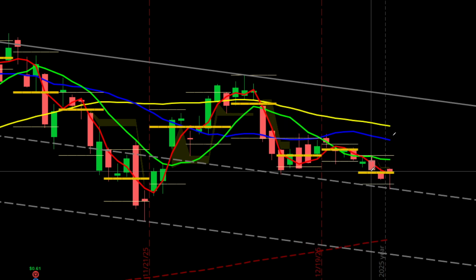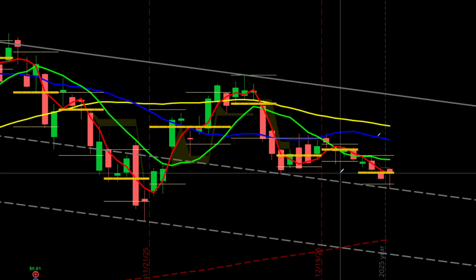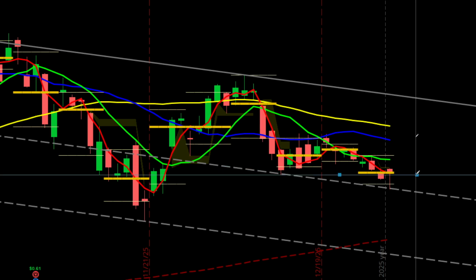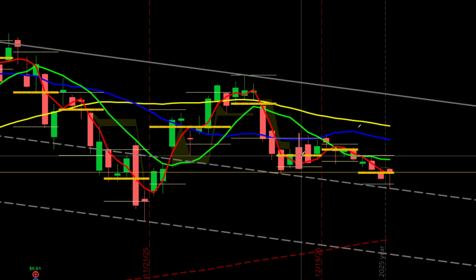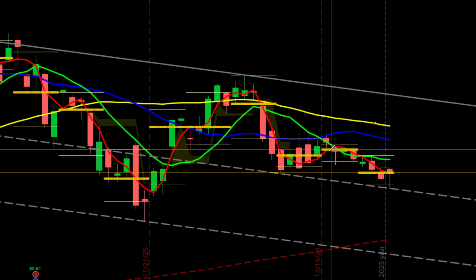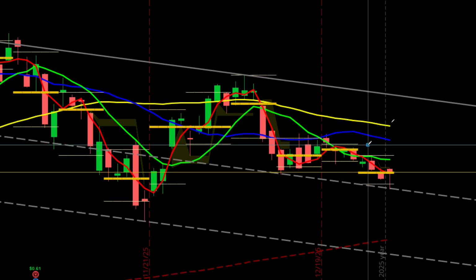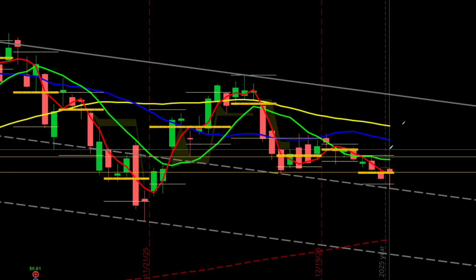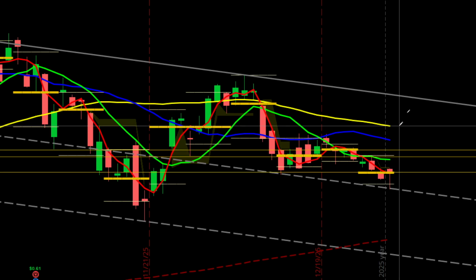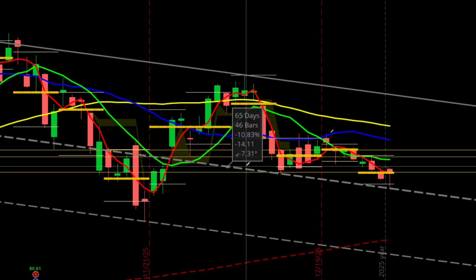Here's the weekly volume profile right now. Here's the prior week, that yellow line right there. And here's the week before that.